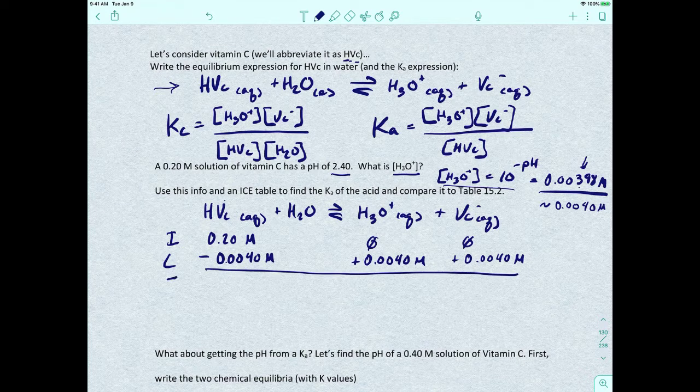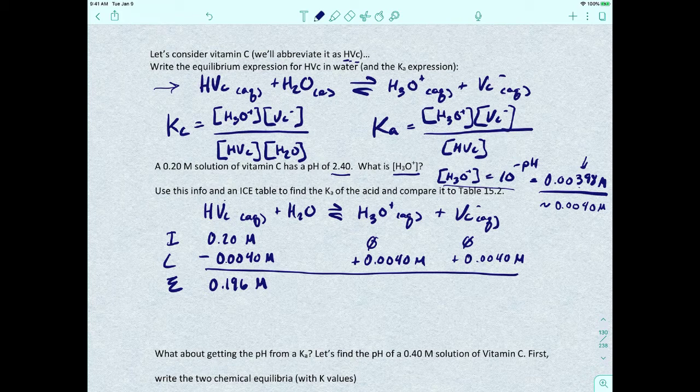So at equilibrium, the concentration of ascorbic acid is 0.2 minus 0.0040, which gives us 0.196 molar.